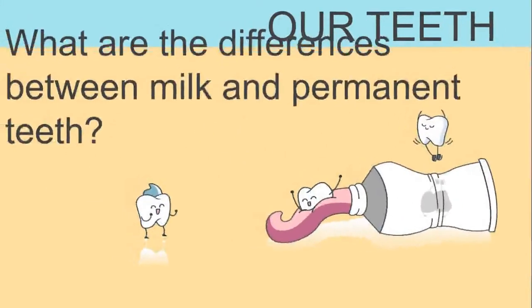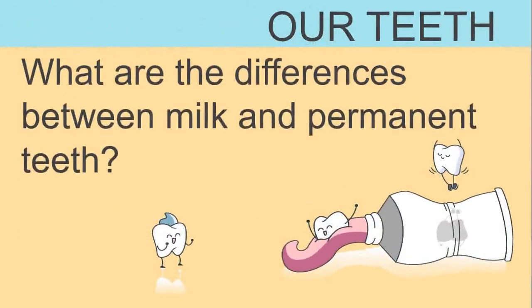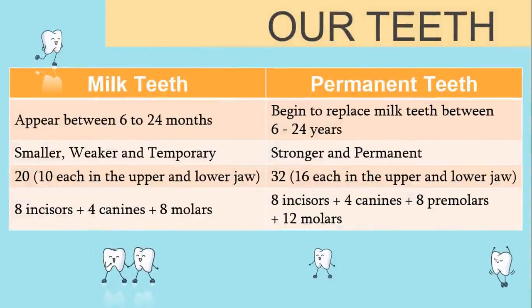Let's begin today's class. What are the differences between milk and permanent teeth? Have you known about milk teeth and permanent teeth? Okay, let me say. Look at the table. There are differences between milk teeth and permanent teeth.